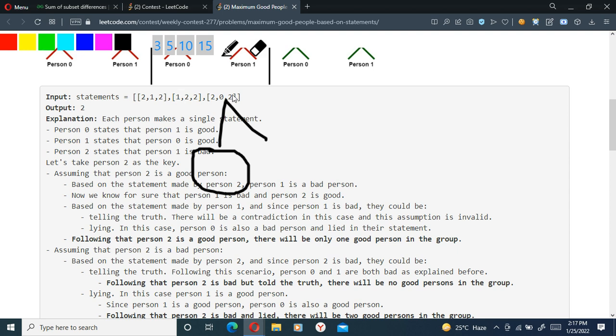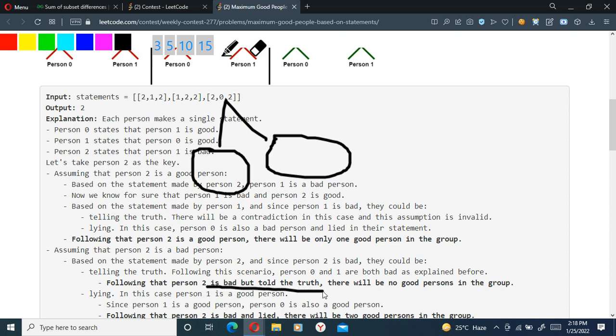Now, if this person too is telling a lie, what are the conditions? Following that, person 2 is bad but told the truth. A person can be good or bad, but a bad person can also say the truth. Okay. Told the truth. There will be no good persons in the group.